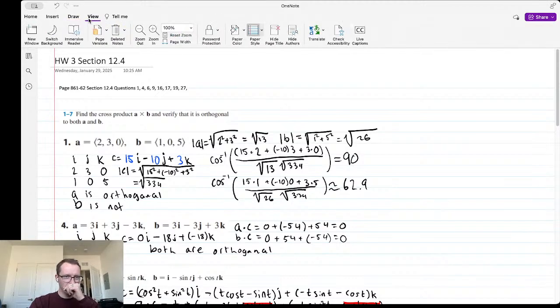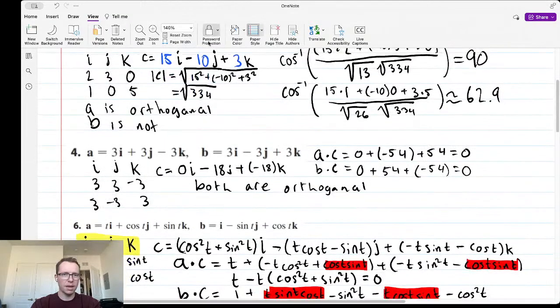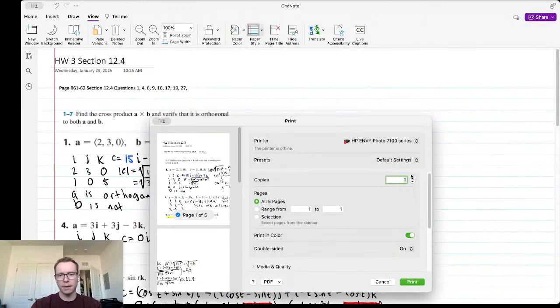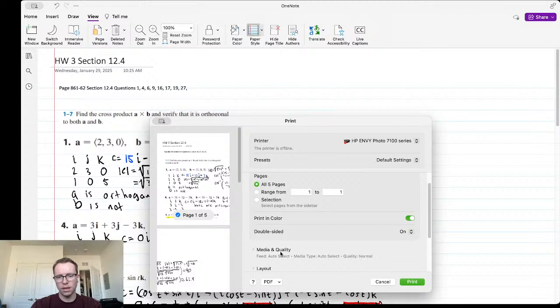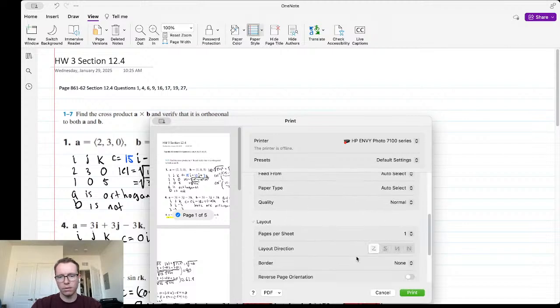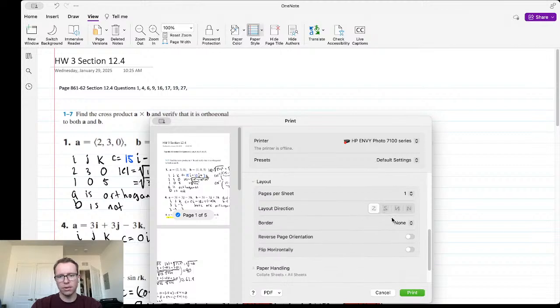And I've tried doing a million things like reset zoom, page width, everything. Even in the print settings, I've messed around with that. There was a setting that I thought maybe would do it. Media quality, layout, and then I've changed the directions and added borders and pages per sheet.